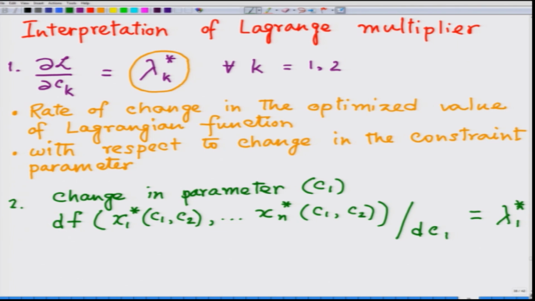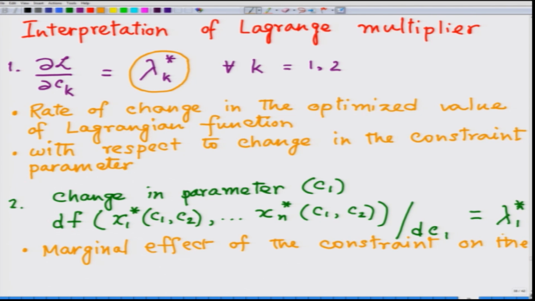If we follow this line of thought, then this can be interpreted as the marginal effect of the constraint on the optimal value of the original objective function.